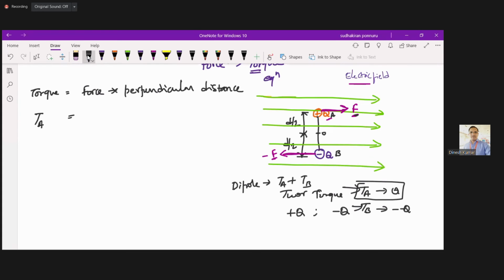So what is TA? At A, the force is F multiplied by the perpendicular distance. This is the perpendicular distance, which is d by 2.